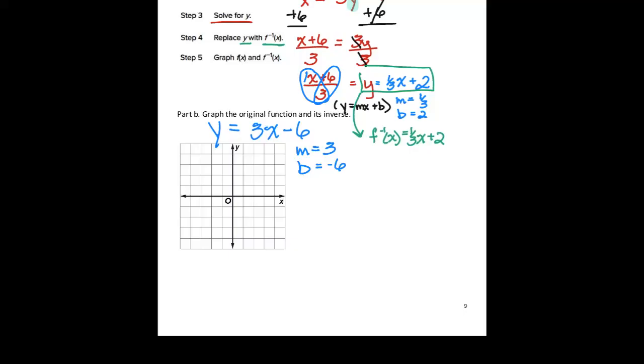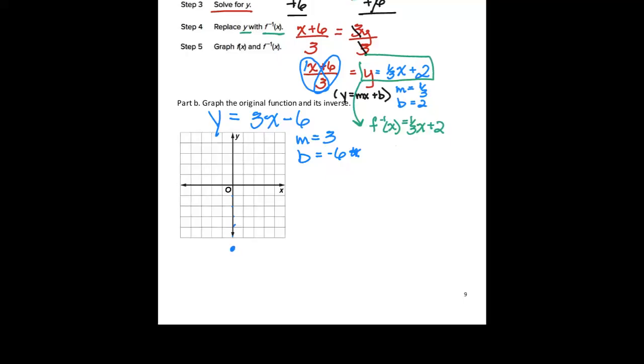So you always start with the y-intercept right here, -6. That's going to be on your y-axis. So 1, 2, 3, 4, 5, 6. That is just off the graph.